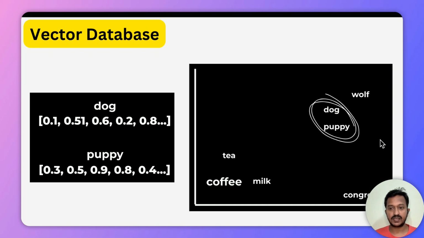And in a vector database, similar types of words are placed closer together. Like puppy and dog, they are more similar in context, and that's why they are placed closer together. Tea, coffee, milk, they are closer, I mean, they carry more or less liquid, and they carry the same context. That's why they are placed closer to each other in a vector database.